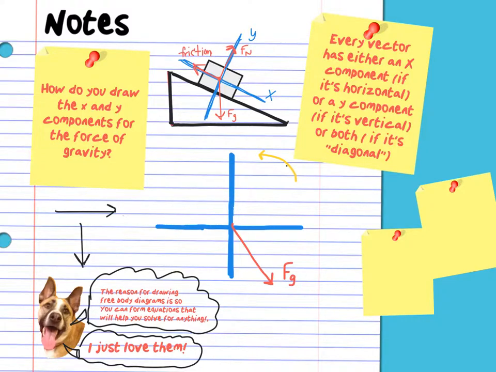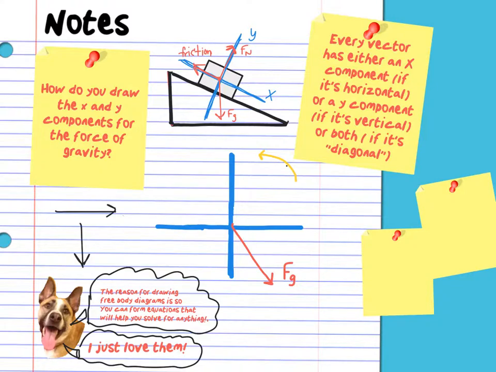It would not have an x component. But if you have a vector that is going in both the x and the y direction, when we say break it up into its x and y components, all we are doing is saying find the x vector and the y vector that, when added, give you the force of gravity vector.